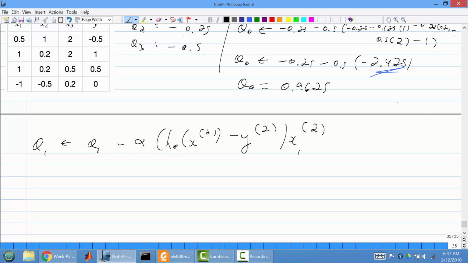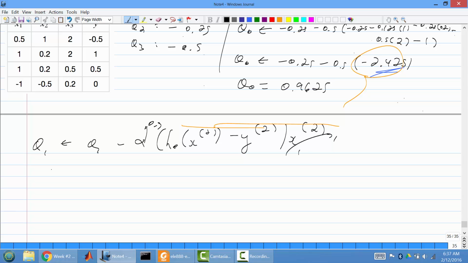Okay, well, we know that this guy here is just here, so that's 2.425, right? And the first feature of the second example is just 1, all right? This is 1, 0.5.